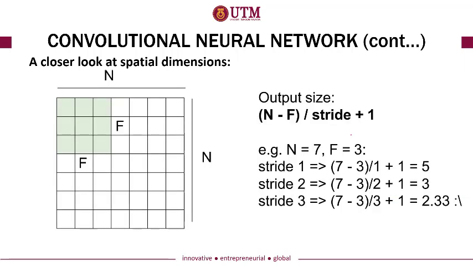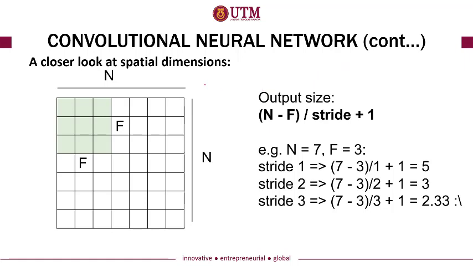So at the end, this is how the formula looks. In general, this is how you estimate the output size based on the formula. This is your input. Let's say n here represents the size of the x and y of your input. I don't want you to call it an input image, otherwise you might get confused.